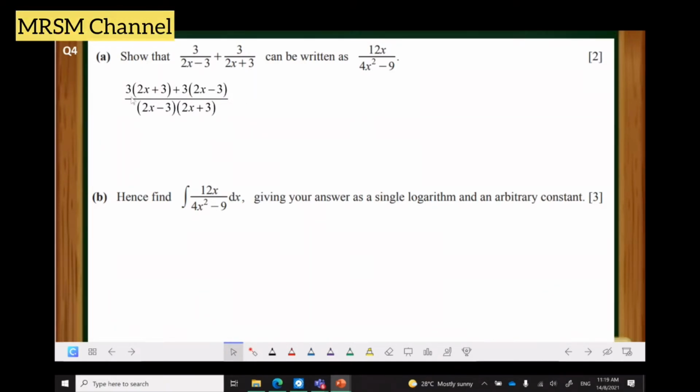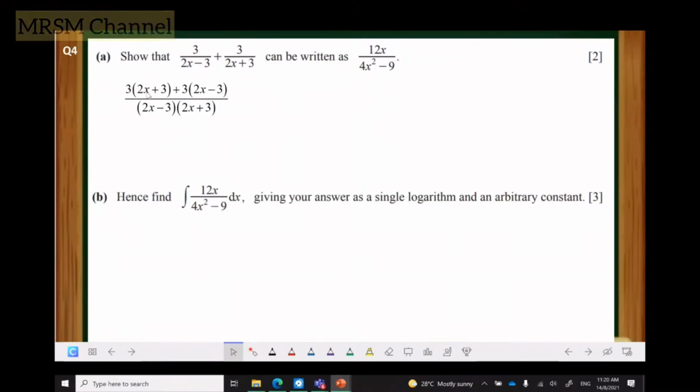Okay, so teacher letak dalam one fraction because once you equate the denominator, actually you have the same denominator. So to avoid any confuse ke kat mana-mana, so you put in one fraction. Okay, share the fraction, the bawah ni denominator yang sama. So this one 3, the first 3 you multiply by 2x plus 3 plus dengan the second 3 ni, the second fraction tu multiply dengan 2x minus 3.